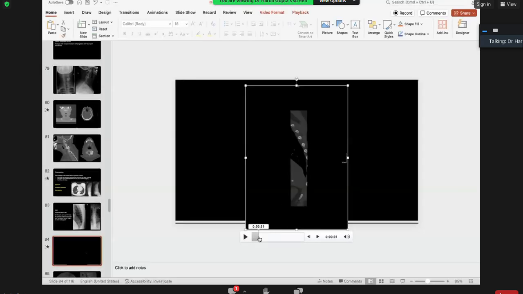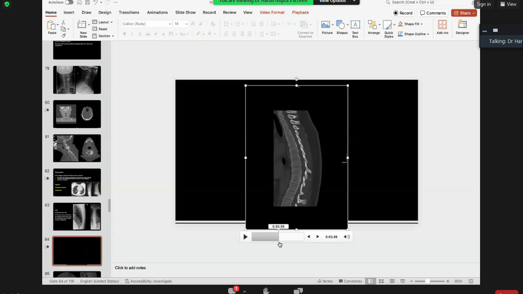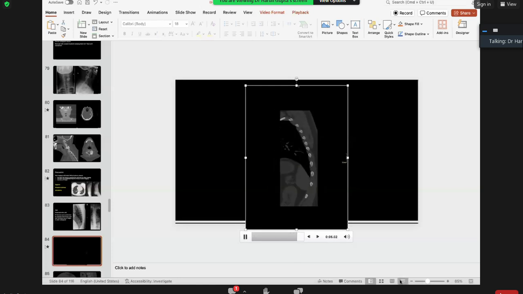The CT scan was reported as no fracture, but what caught our eye was the abnormality at the facet joints. The patient is very young, so MRI examination was recommended.